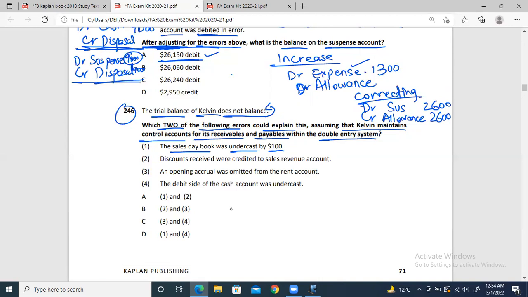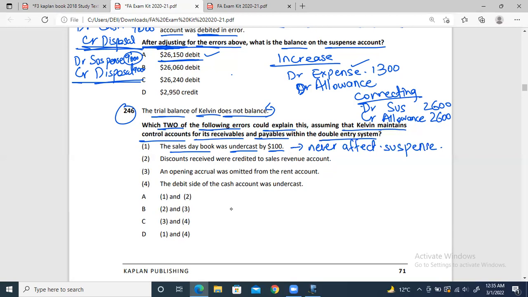What happens here is that always remember, if there is any kind of error or mistake in a day book, this will never affect the suspense account. Never affect suspense. Now let me give you a logical explanation. Only the sales day book was undercast by $100.